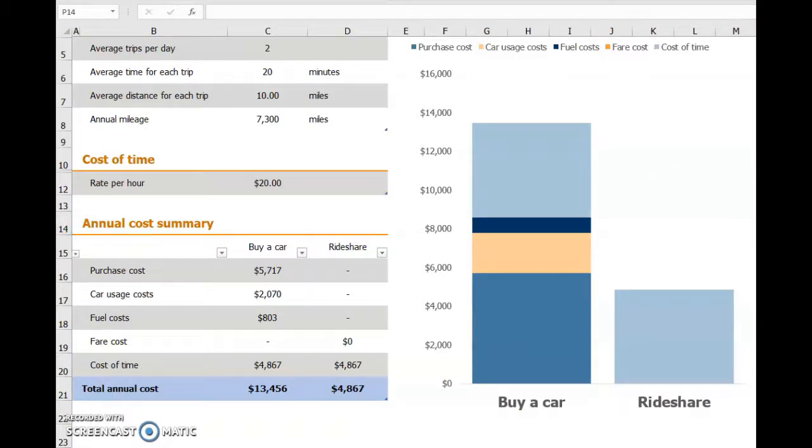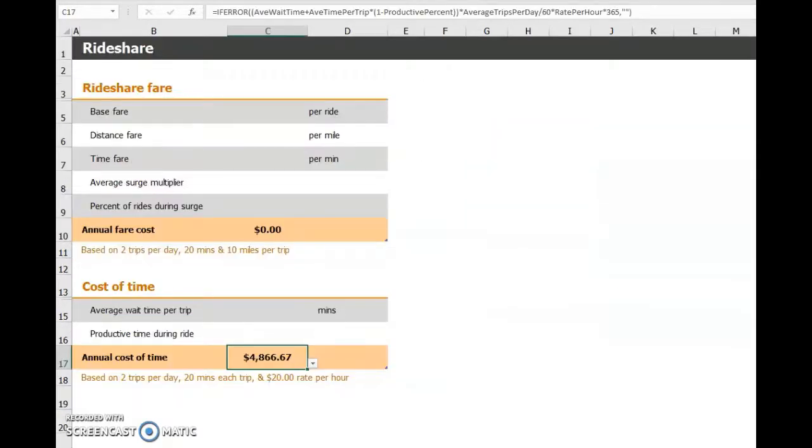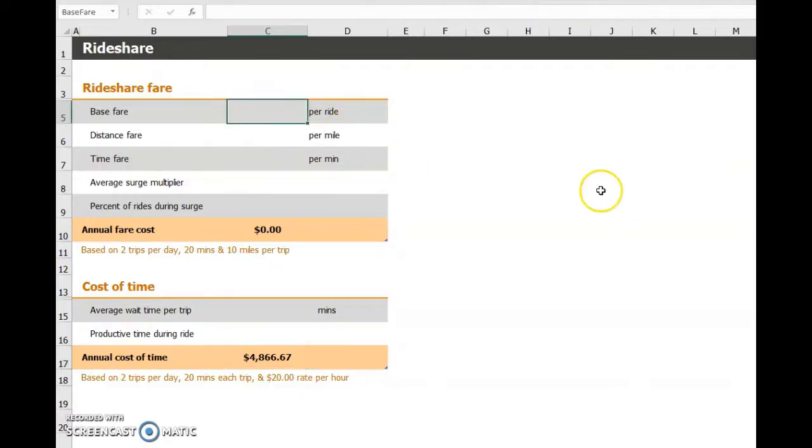Okay, now we're going to move on to rideshare. We're going to factor in some calculations for annual rideshare costs. Okay, so I know that these prices fluctuate depending on the rideshare company and where you're located, even time of day, but we're just going to do a little bit of an estimate here.